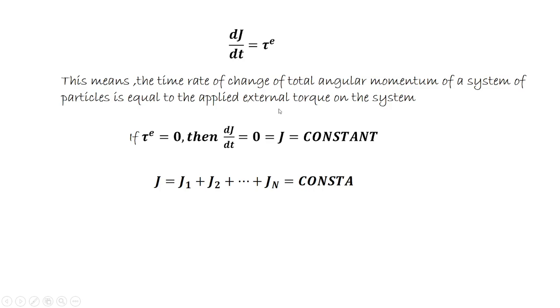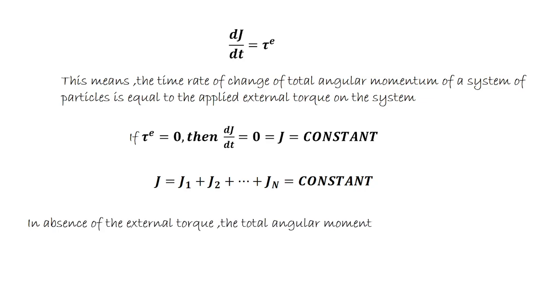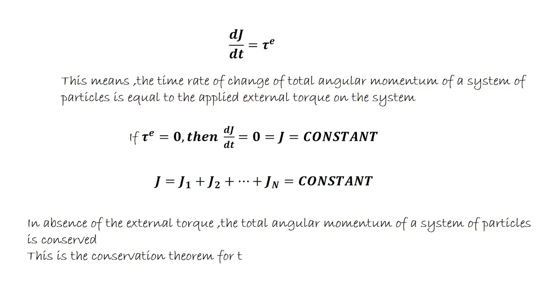Therefore, the total angular momentum of the n particle system, J1, J2, J3 and so on, summed up as the total J, the total angular momentum of the system, is equal to constant. In the absence of external torque, the total angular momentum of a system of particles is conserved. This is the conservation theorem for the total angular momentum of a many particle system.